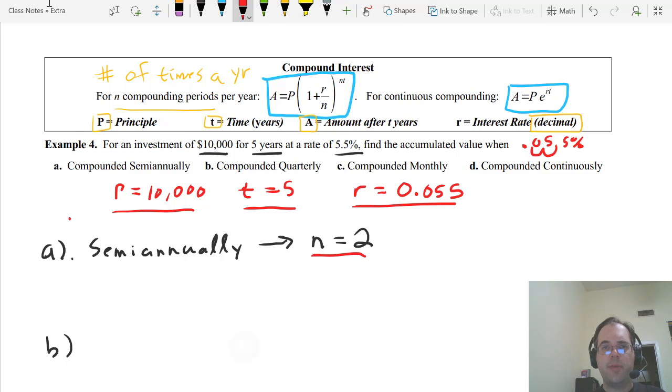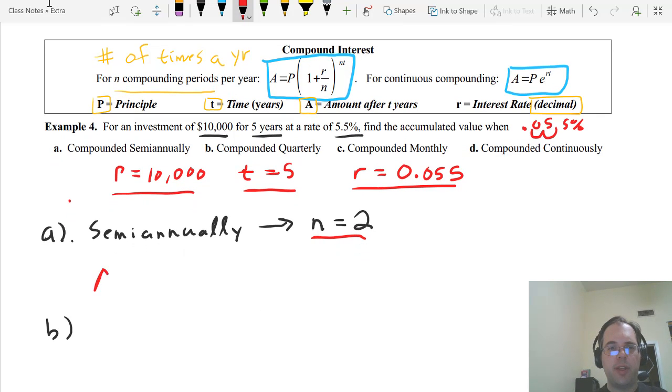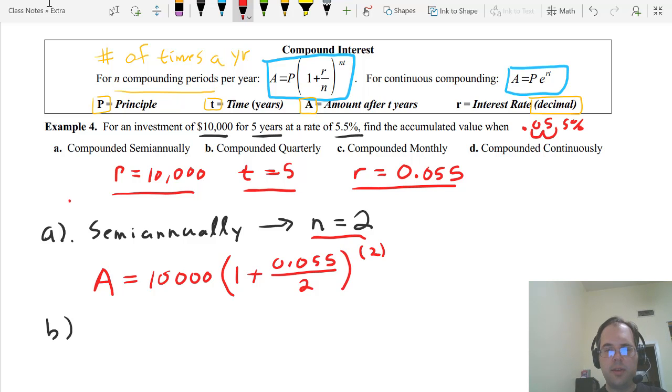Alright, now that's all the information that we need. I'm going to plug this into the formula A equals P times (1 plus r over n) to the nt power.